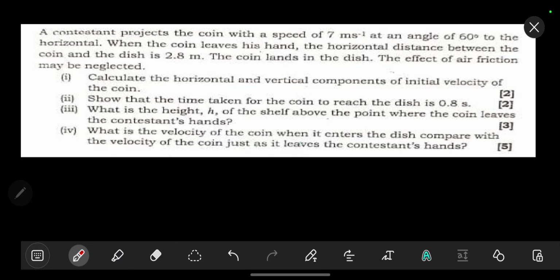Same approach. What is the velocity of the coin when it enters the dish? Compare with the velocity of the coin just as it leaves the contestant's hand. To find the velocity when it enters the dish, we have to find the velocity in the y, using Vy equals u plus at.